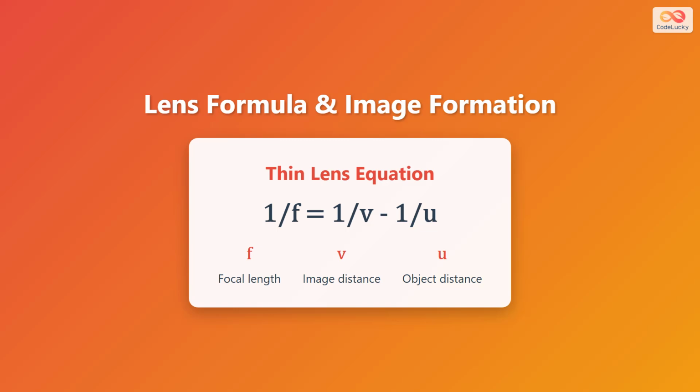This fundamental formula helps photographers and optical engineers understand exactly where an image will form based on the position of the object and the characteristics of the lens. In a camera, the lens is adjusted to ensure that the image forms precisely on the sensor plane, creating a sharp, focused photograph.